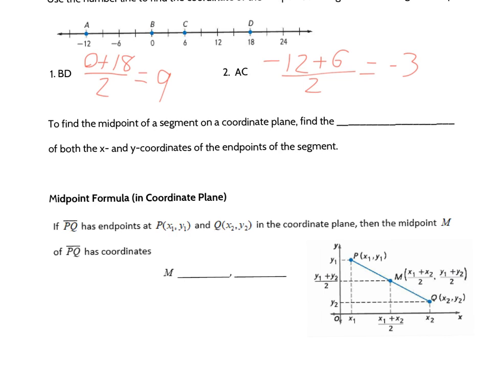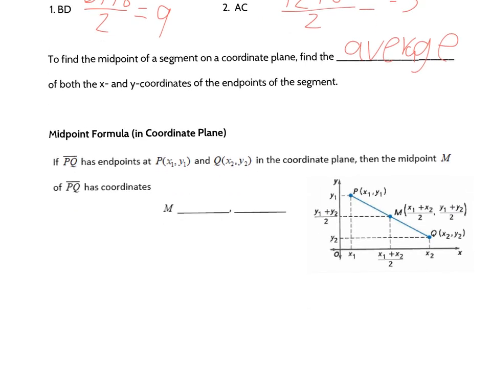Now we're going to do the same sort of thing, but with regard to a coordinate plane. To find the midpoint of a segment on a coordinate plane, we have to find, once more, the average. I always forget that. The average of both the x and y coordinates of the endpoints of the segment. So the midpoint formula for a coordinate plane is going to look similar to the midpoint formula of the number line.